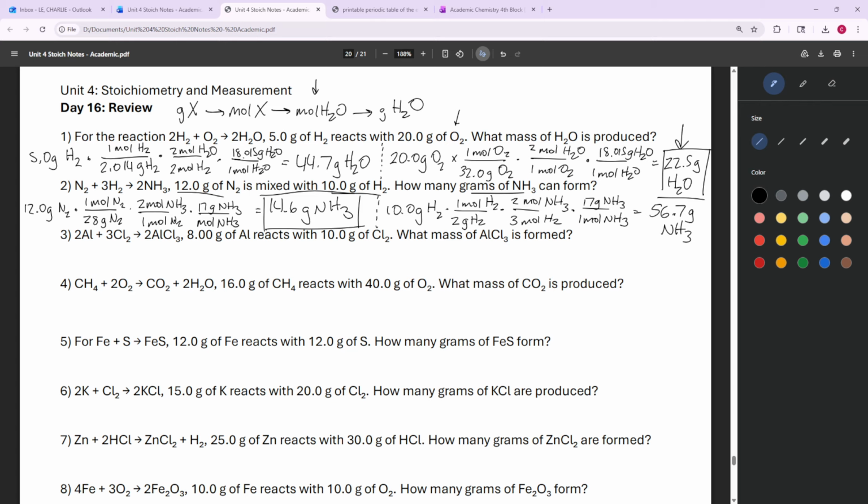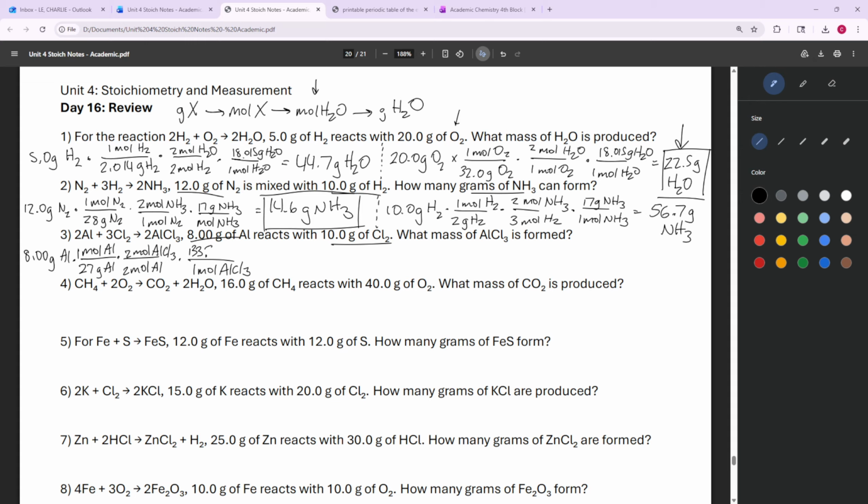Number 3. So we have 8 grams of aluminum, 10 grams of chlorine. So again, a limiting reactant problem. 8.0 grams of aluminum for every 27 grams of aluminum. Our reaction ratio here, we are trying to figure out AlCl3, so that's a 2 to 2 ratio. 2 moles of aluminum, 2 moles of aluminum times a mole of aluminum chloride.